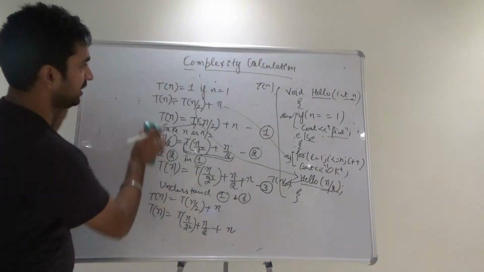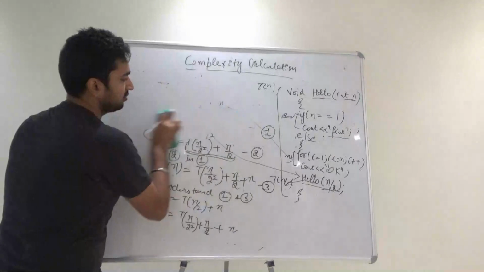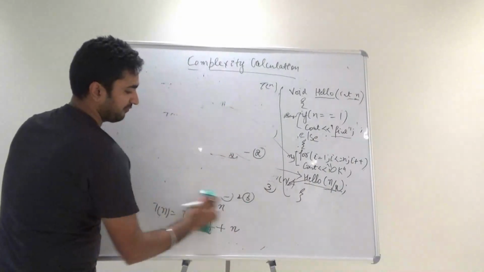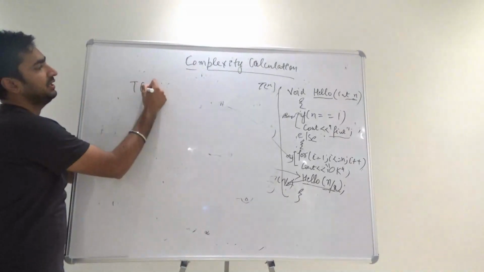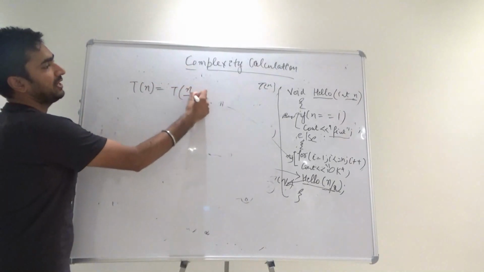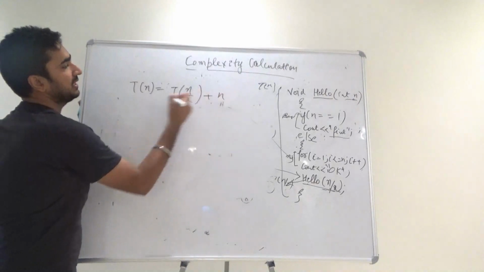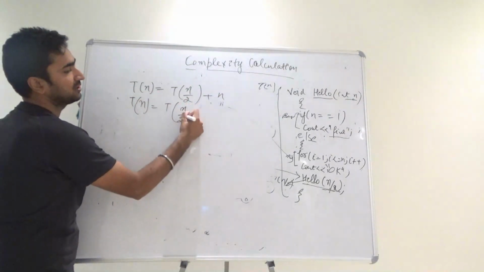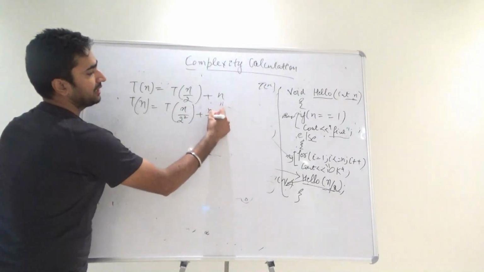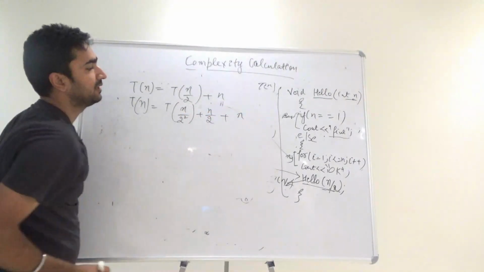I am just putting those equations upfront, with t of n giving t of n by 2 plus n, and t of n also giving us t of n by 2 square plus n by 2 plus n.